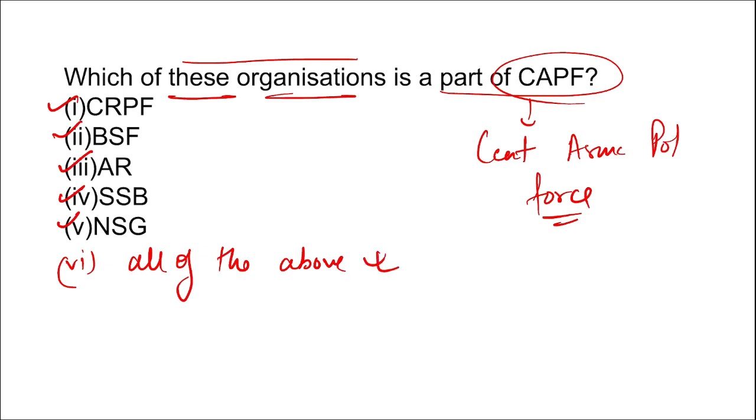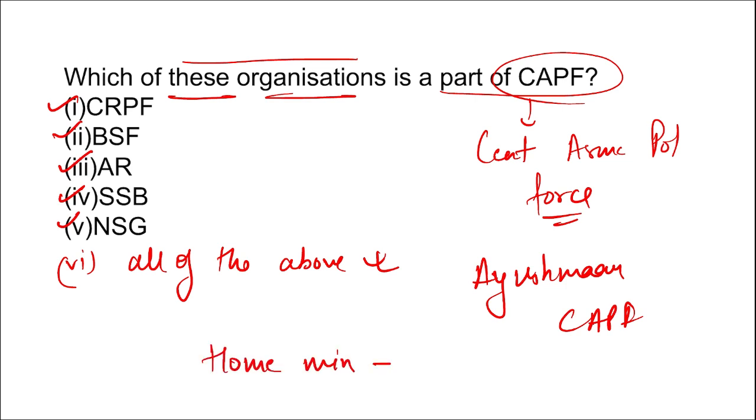Also remember recently Ayushman CAPF. This was a pan-India health card scheme that was recently launched by our Home Minister. And who is our Home Minister? Amit Shah. Ayushman CAPF. Alright, for the Central Armed Forces, recently a pan-India health card was released by our Home Ministry.